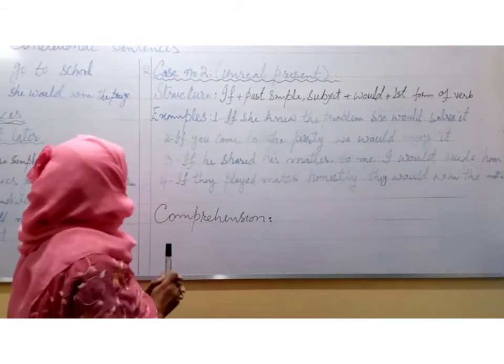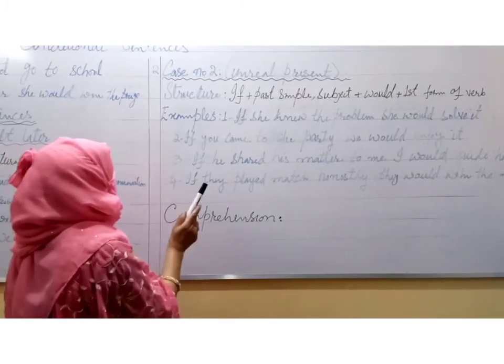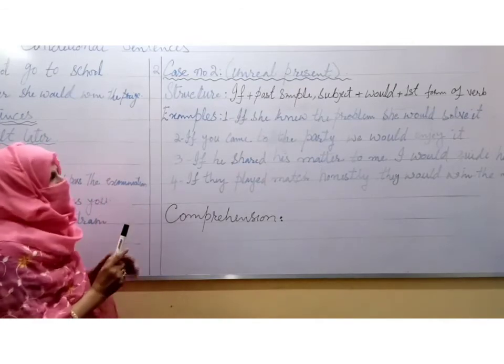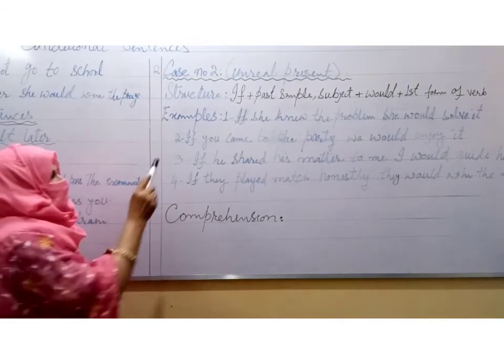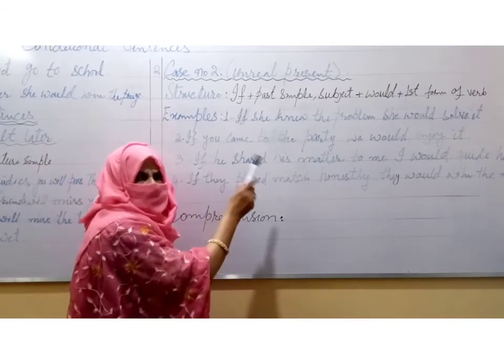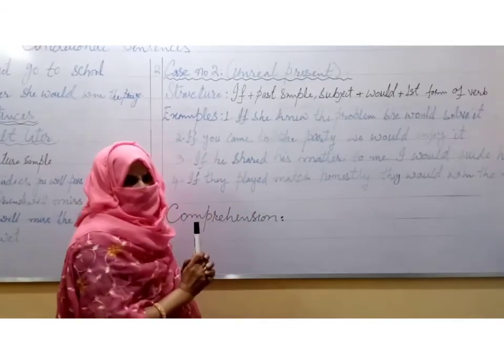Did you notice, beta? These all are conditional sentences of case number 2. So, you are also looking here, in this case, the main clause of the sentence is conditional on the dependent clause. Okay, beta?